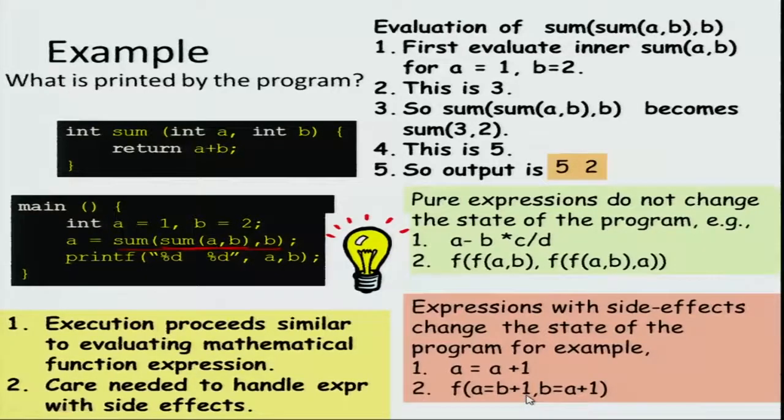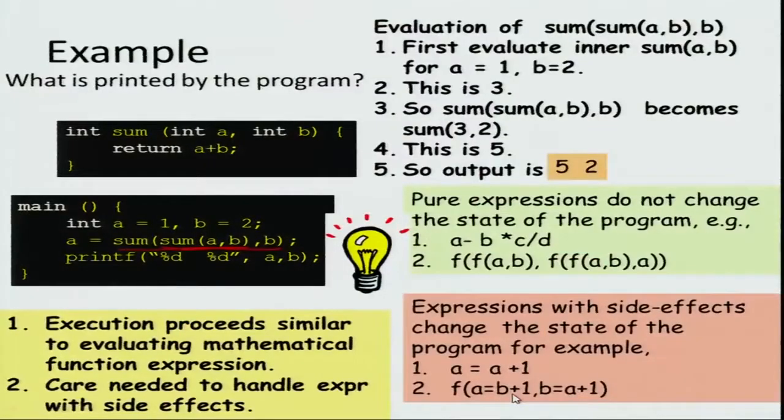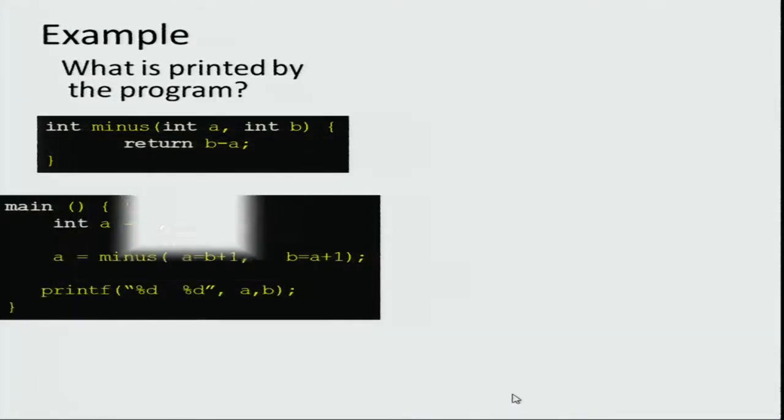So, in particular assignment expressions can be given as arguments. For example, a equal to b plus 1 is an assignment expression which is given as an argument to the function. Now, such expressions are called expressions with side effects, because they change the state of the program. When you have side effects, you should be careful.